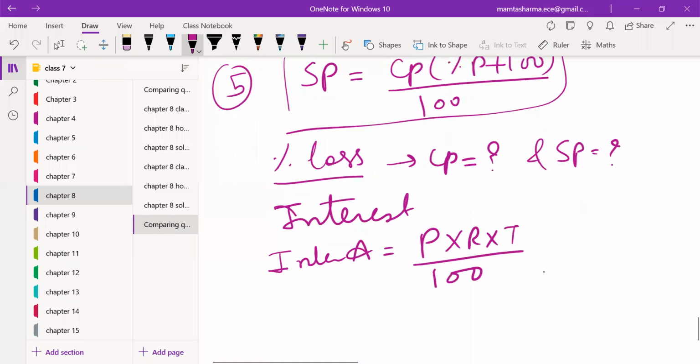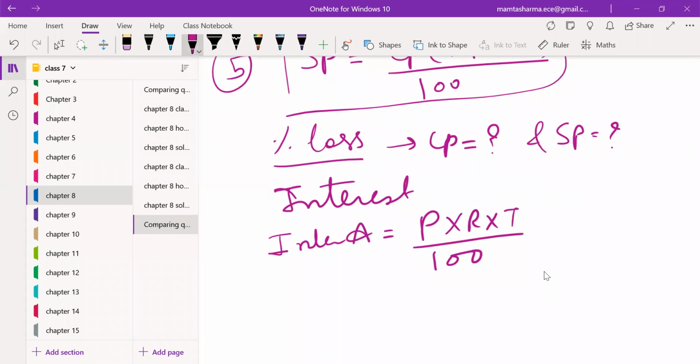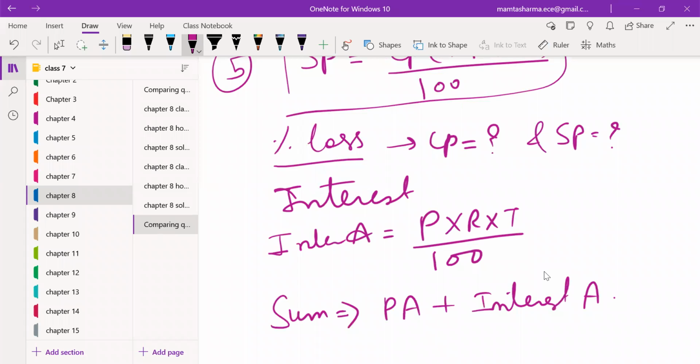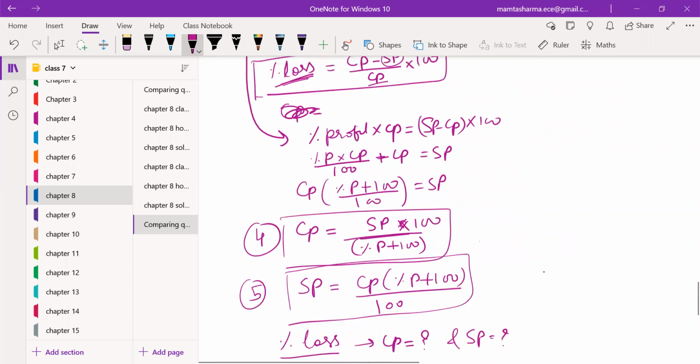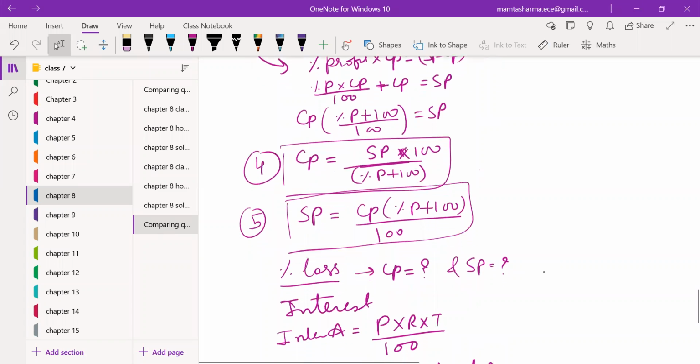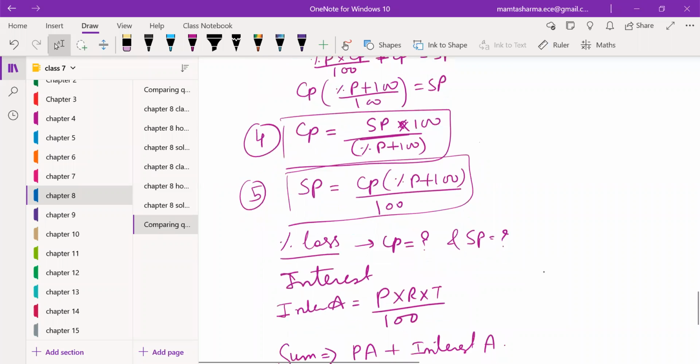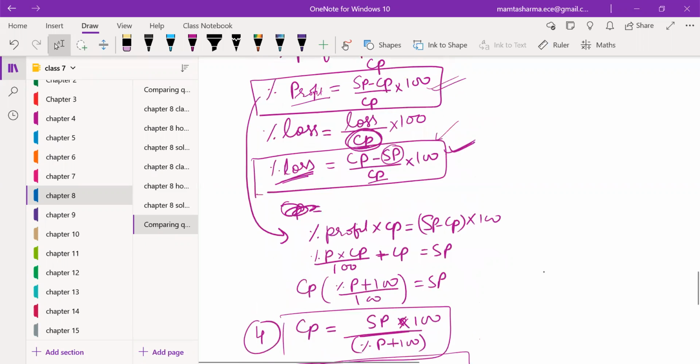R is the rate of interest, T is the number of years, and the sum of payment would be the principal amount plus interest amount. Okay, I think we have done all these formulas. Any other formula which I left here? No, ma'am. I wrote all the formulas, right?